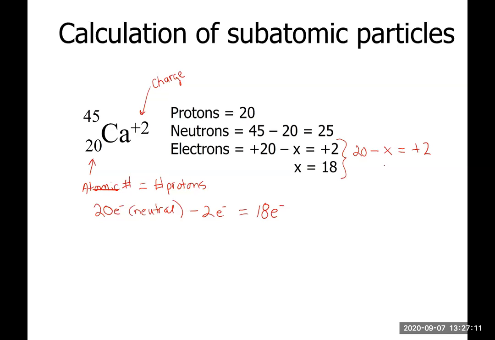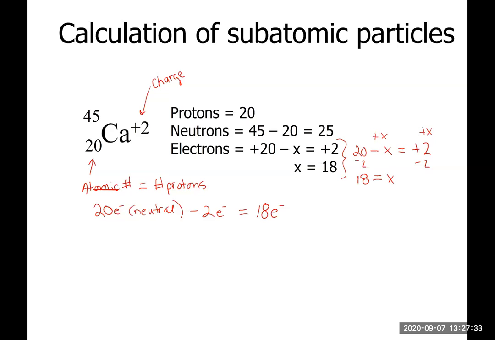So if we add X to both sides and subtract 2 from both sides, and there are other ways to do this algebra, this isn't the only way, but we get 20 minus 2 equals 18, and so X equals 18 electrons.